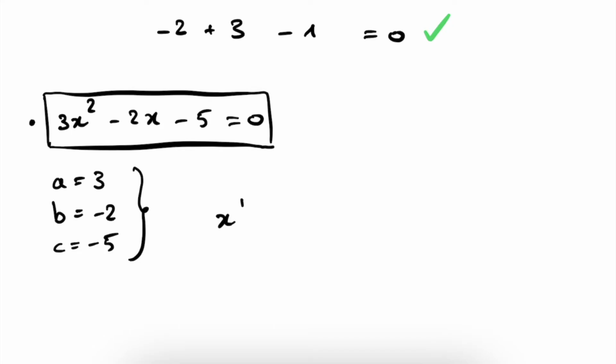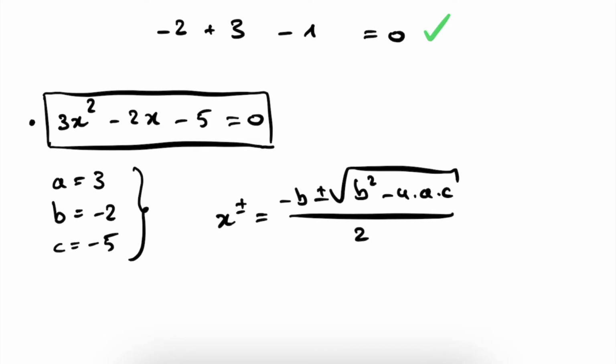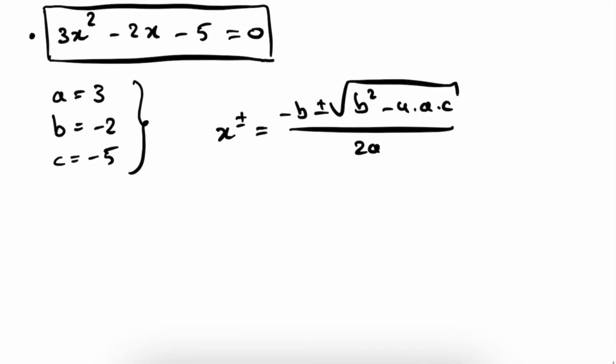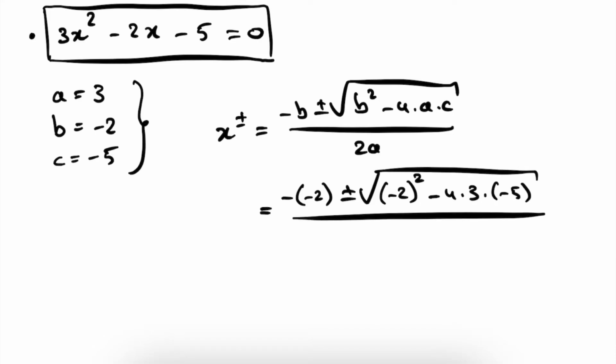So again, we can have x plus minus, our general formula, which we've written so many times now that we are starting to memorize it. And we can just fill in our a, b, and c. So in our case, we get -b, so it's -2, watch out for the minus sign, plus minus the square root of b squared, it's -2 squared, minus 4 times a, which is 3, and c is -5, divided by 2 times a, which is 2 times 3.